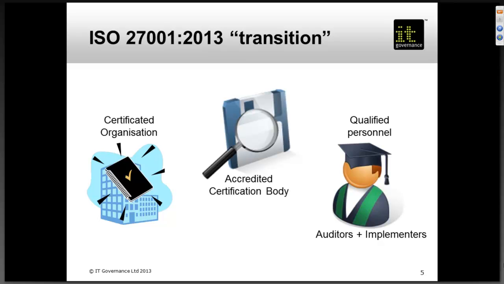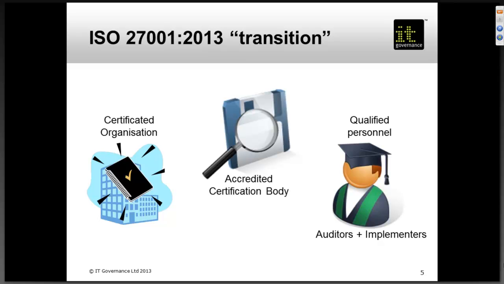And as I've just mentioned, that means their auditors, and for everybody else, auditors and implementers, need to go through a transition themselves. So we'll be looking at that and referring to those three groups, possibly four groups or areas of concern, with regard to this phrase, transition.